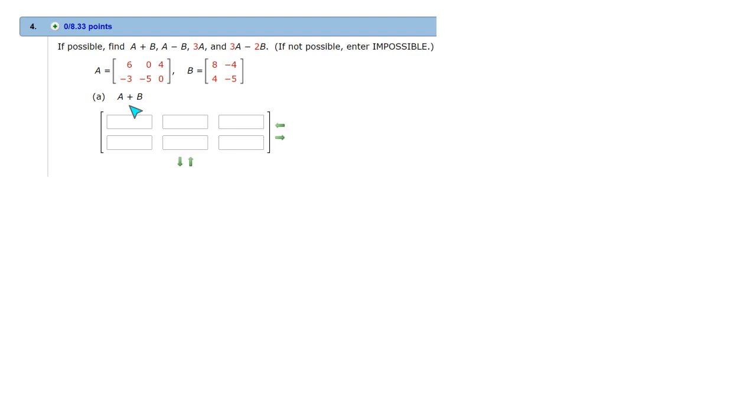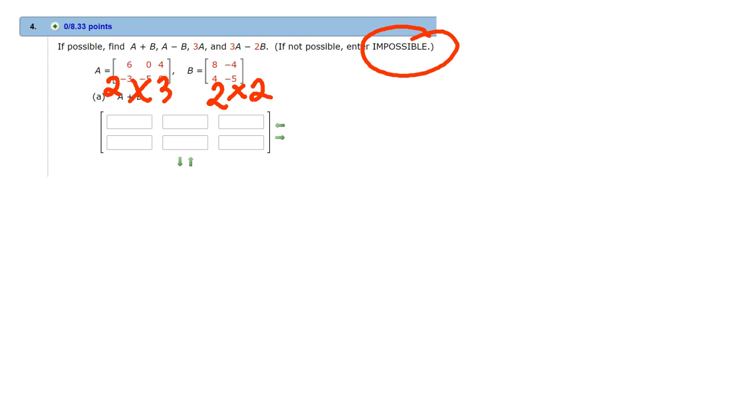Because if the order is not the same, then we are not going to be able to add. So this order here is 2 rows and 3 columns. And for letter B, this one is 2 by 3, and this one is 2 by 2. So if you notice, the orders are not the same. So we cannot add this. It says, if not possible, enter impossible. So our answer is impossible.